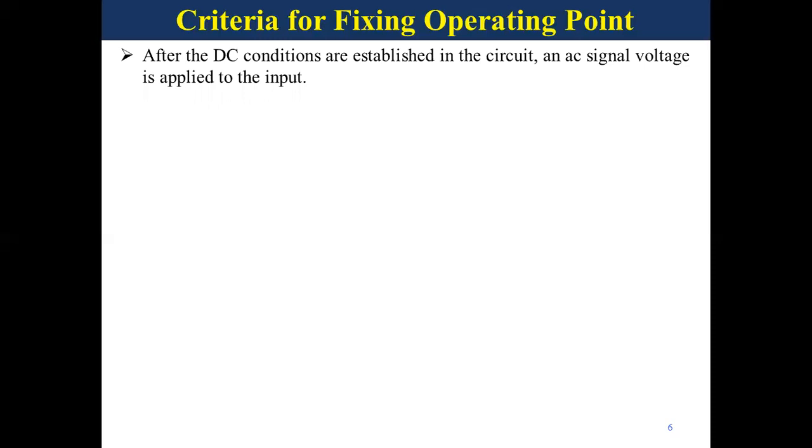Then we get an amplified AC signal at the output. The variations of collector current and collector voltage for a given base current can be represented on the output characteristics. So I already told you, with 3 different cases I am trying to explain the best operating point location.